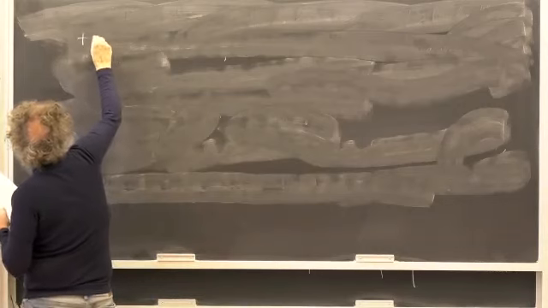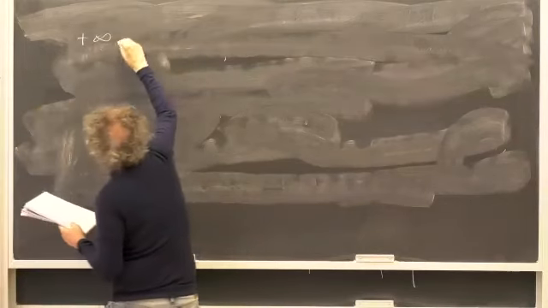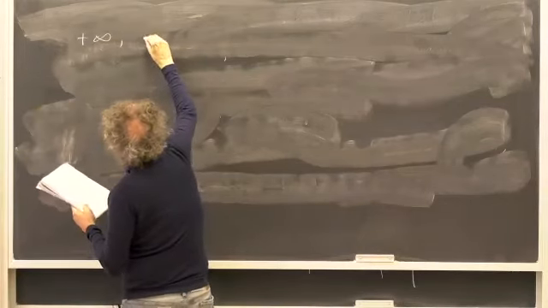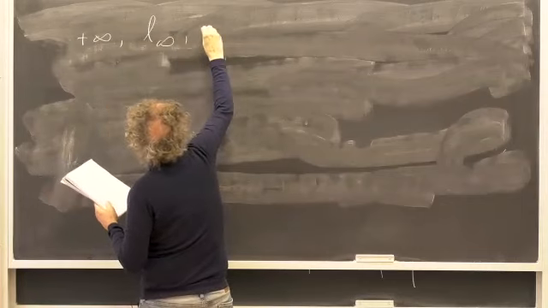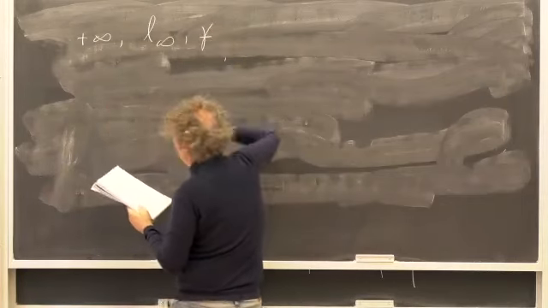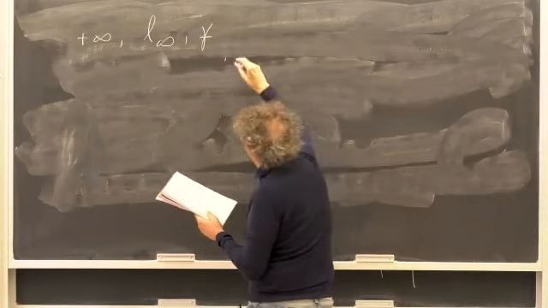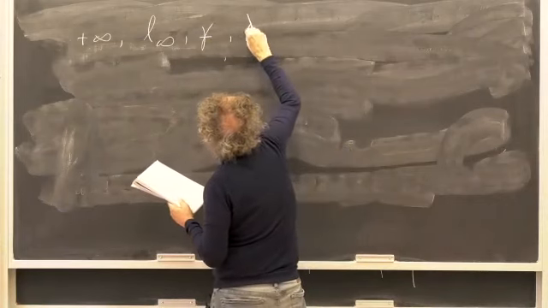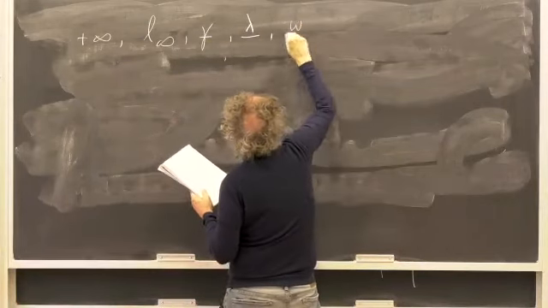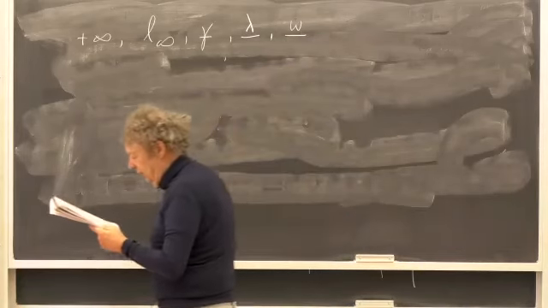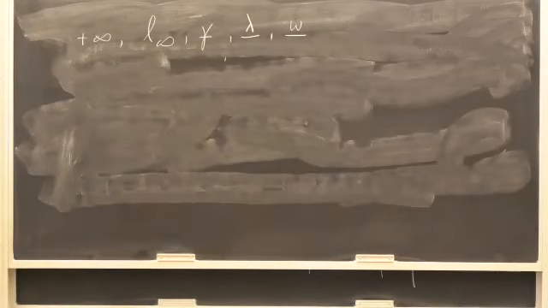So there are five cuts: plus infinity, L infinity, bold gamma, so to say, bold lambda and bold omega.